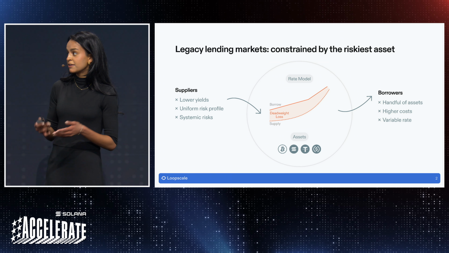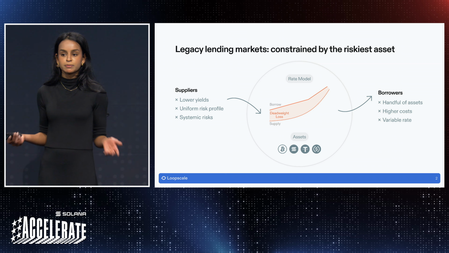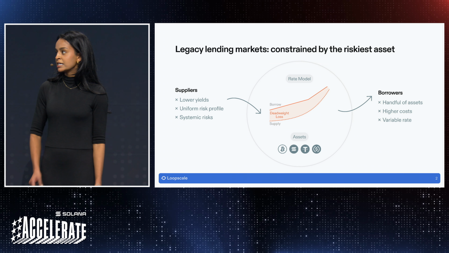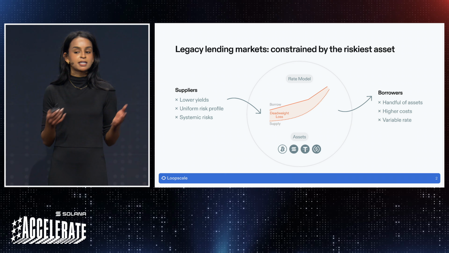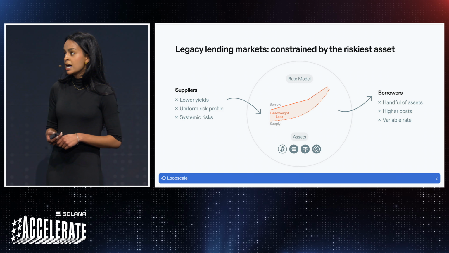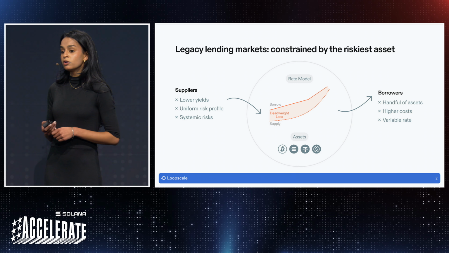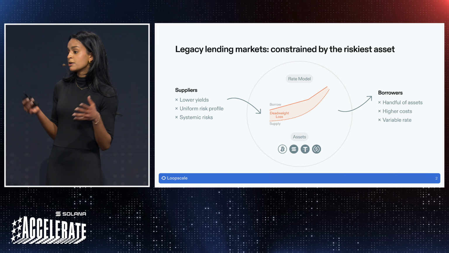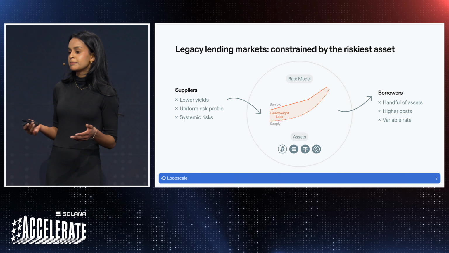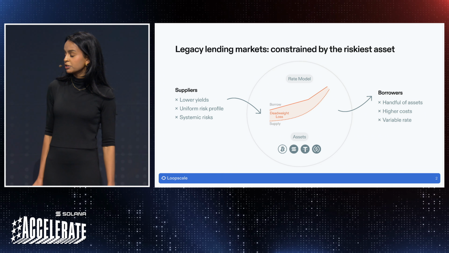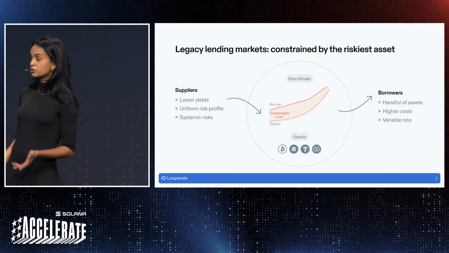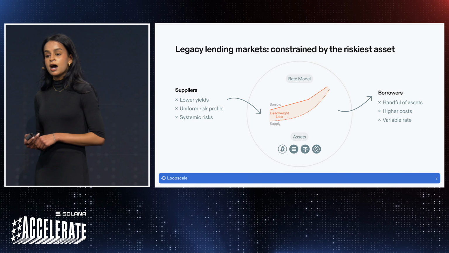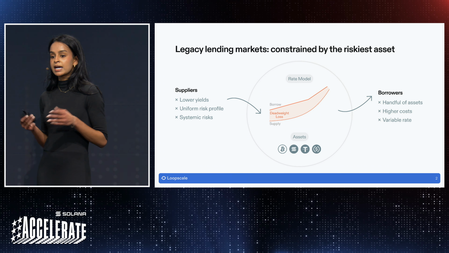Pool-based lending is the main mechanism by which most lending protocols today work. For those of you who aren't familiar, lenders supply a subset of whitelisted assets. Borrowers borrow from that pool, and then the risk is priced and rates are priced based on something called a utilization curve. This was largely a function of technical constraints on Ethereum, and it comes with a lot of limitations.